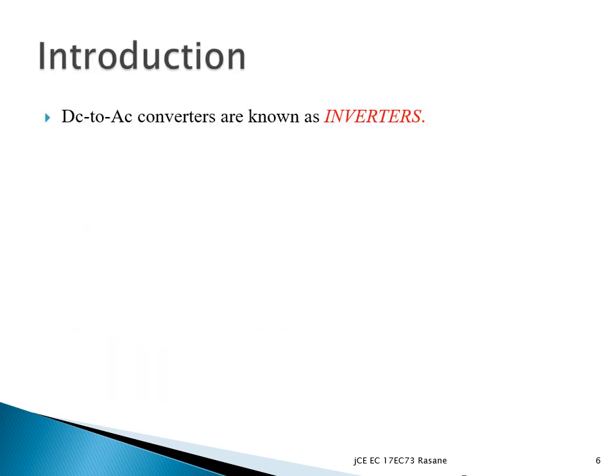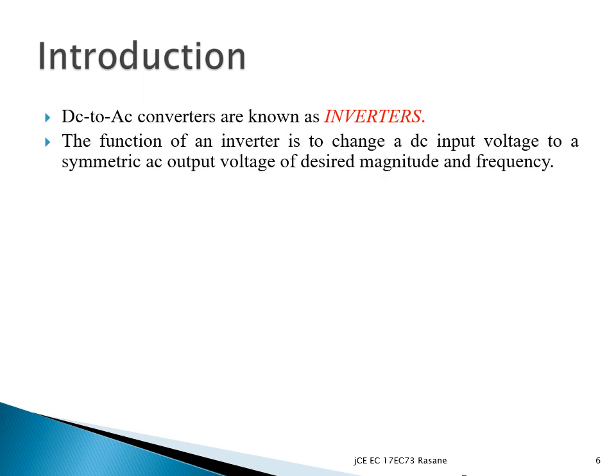So coming to the introduction, basically DC to AC converters are known as inverters. Means input is DC and output is AC, which we normally have at our homes. When the power goes, we have a battery supply, which is connected to these inverters, which will give you AC, which is connected to some of the loads like fan, television, etc., so that we get uninterrupted power supply.